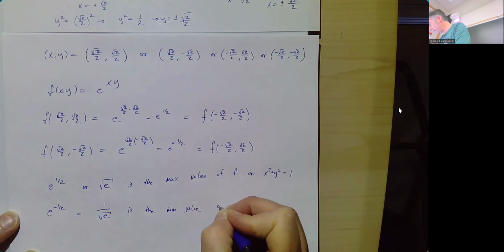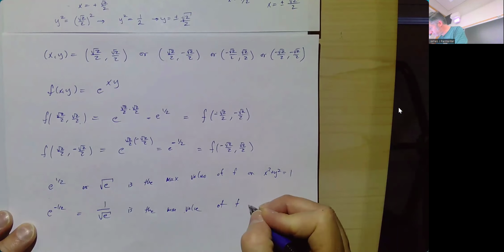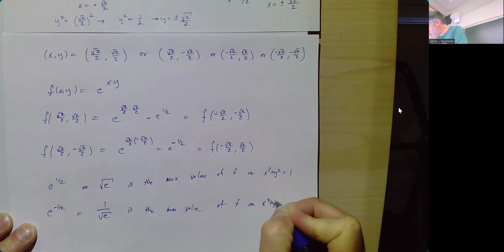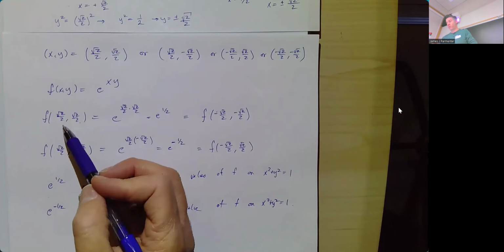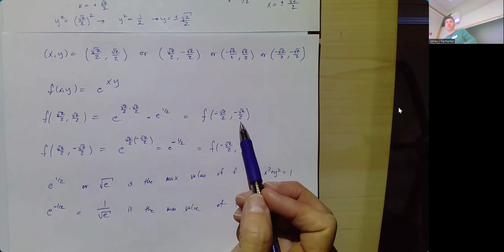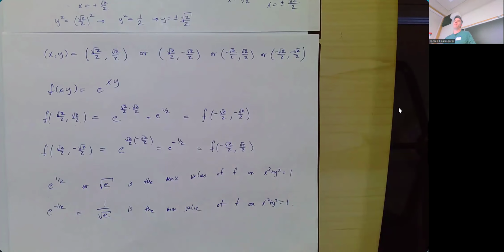We don't need to say that it occurs at multiple points, although it does. We just are writing what it is. So do be careful when you're asked to find where a maximum occurs versus what the maximum is. Those are two different things. The maximum occurs at the point root 2 over 2, comma root 2 over 2, or negative root 2 over 2, comma negative root 2 over 2. The maximum value is what you get when you plug that in, which is e to the 1/2.